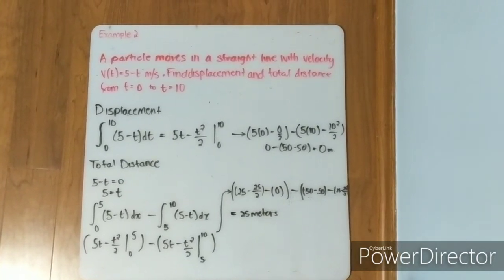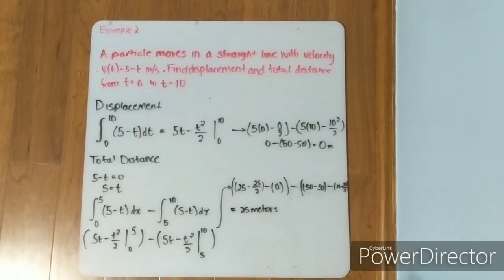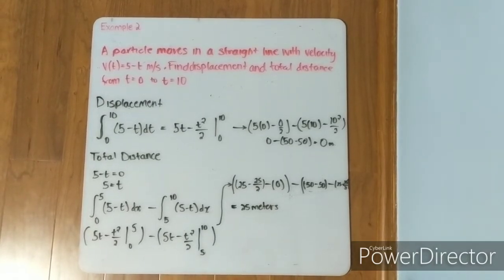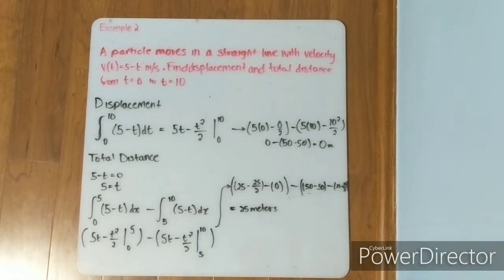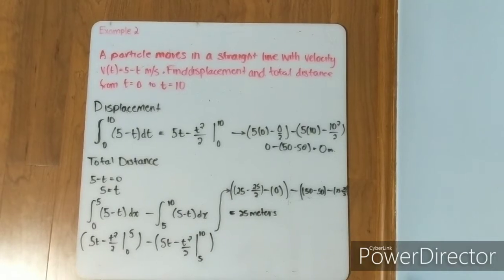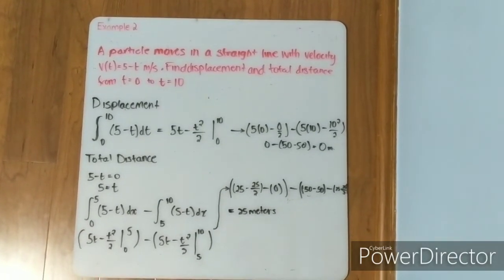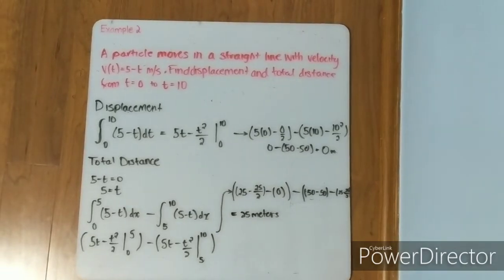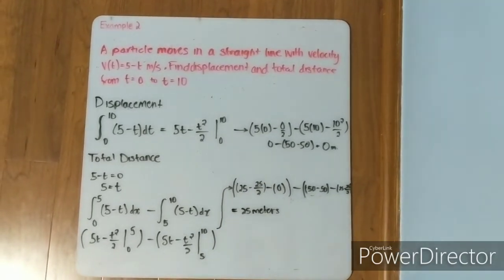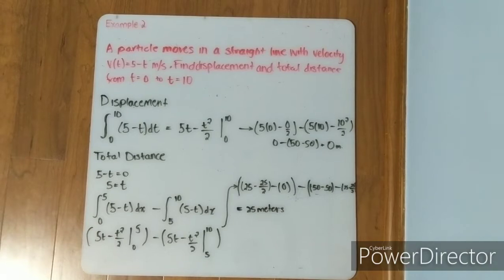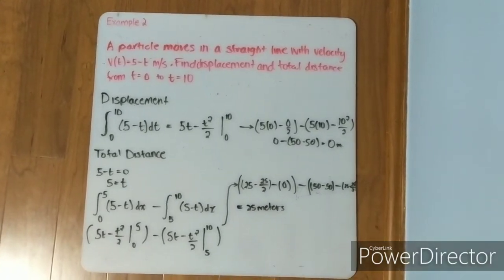The answer ended up being 0 meters, because this graph is a linear equation where exactly halfway, the graph transitions to under the x-axis. So counting signage, the entire displacement is 0 meters.